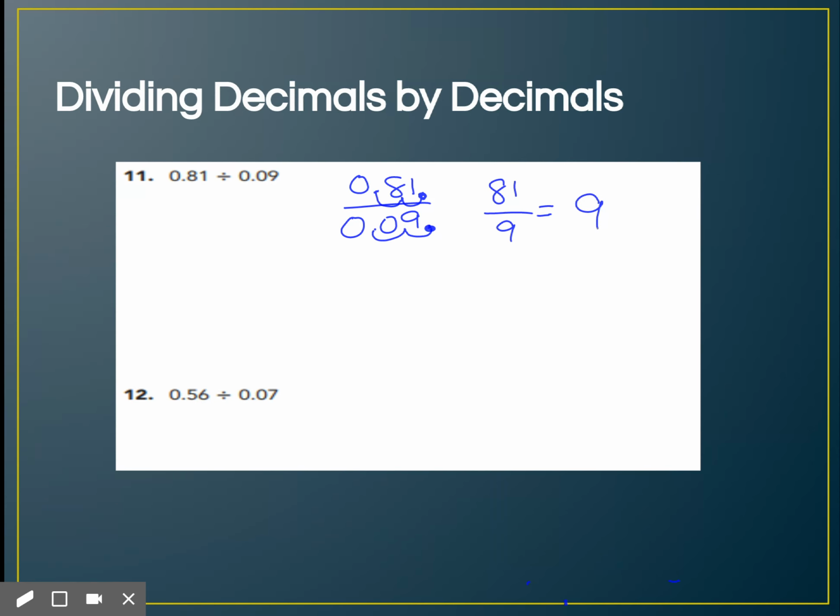Try number 12 for me. Pause it and then come back and check your answer. You should have gotten 8 for number 12.